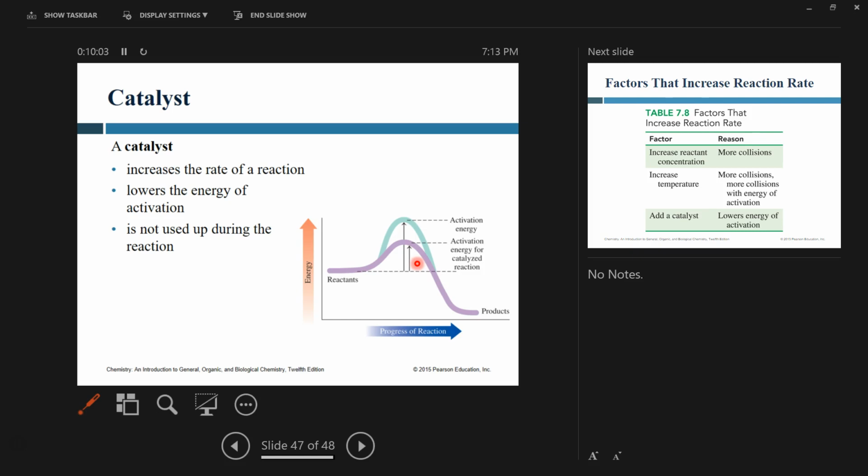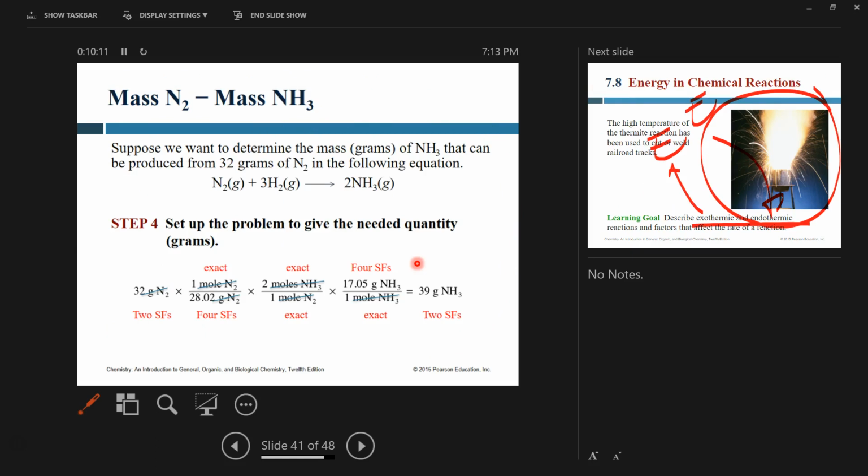What's important? Generally speaking, catalysts are not used in the reaction, not wasted. So, for instance, that reaction that I showed you here, the reaction of generation of ammonia, along with the heat, requires a catalyst. The catalyst is a metal. It's platinum.